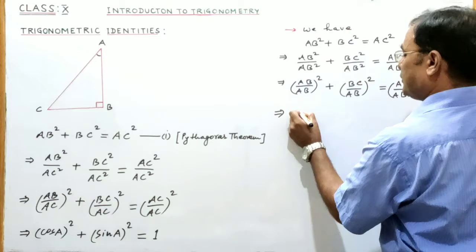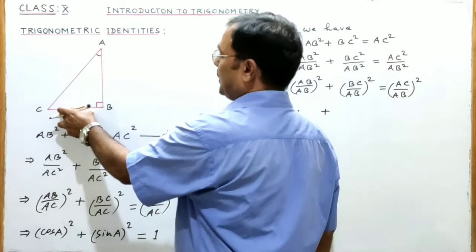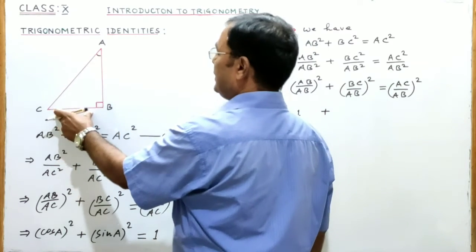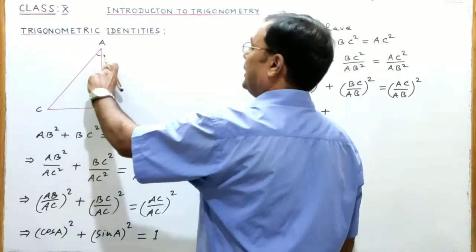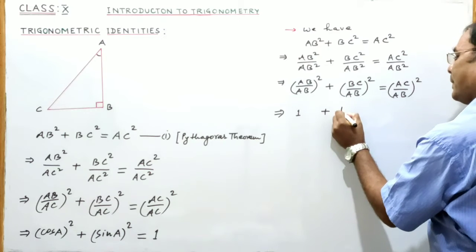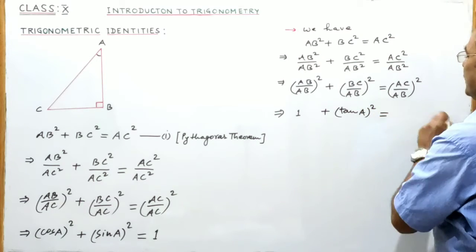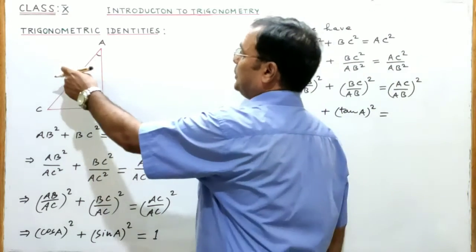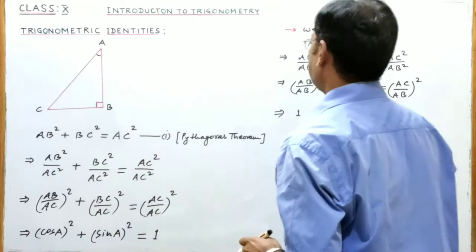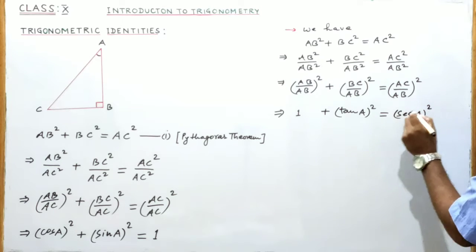AB by AB whole square is 1 plus (BC by AB). BC is perpendicular, AB is base for acute angle A. So BC by AB is perpendicular by base for acute angle A, so it is tan A. So tan A whole square equal to AC by AB, hypotenuse by base, is sec of angle A. So this is sec A whole square.